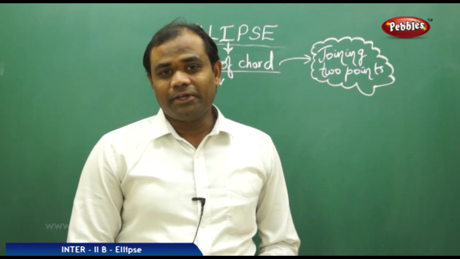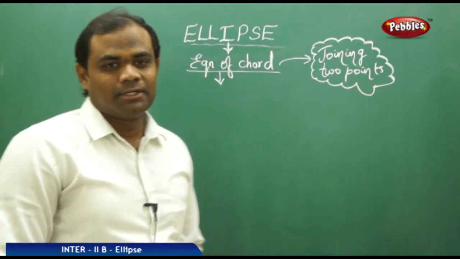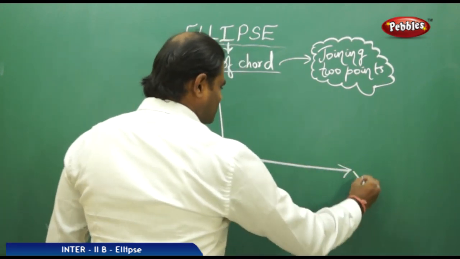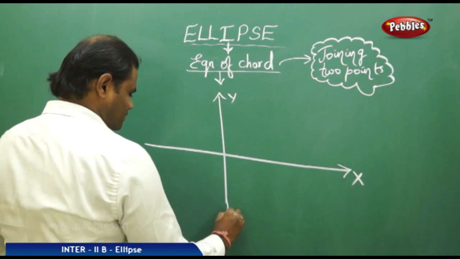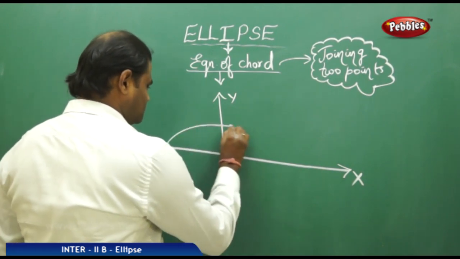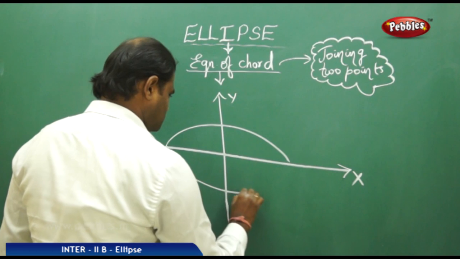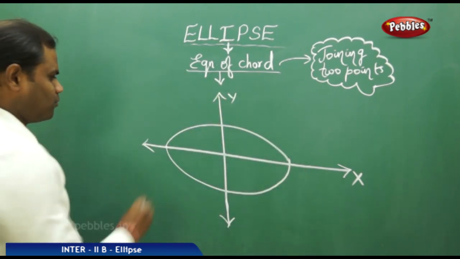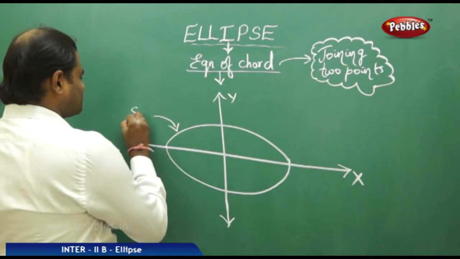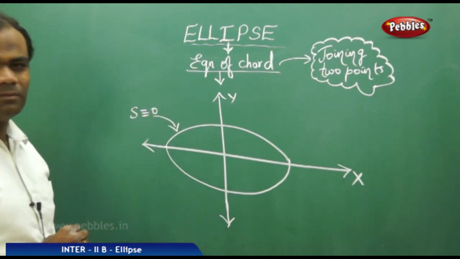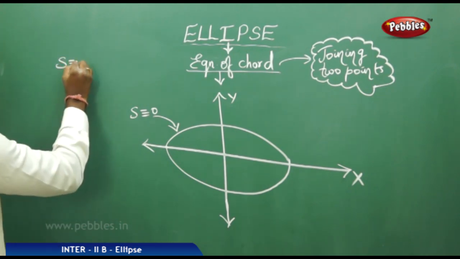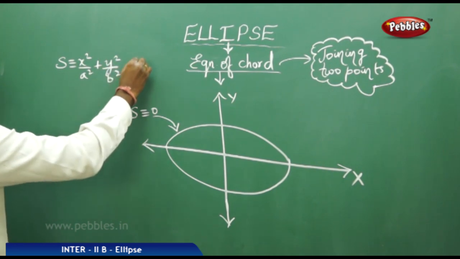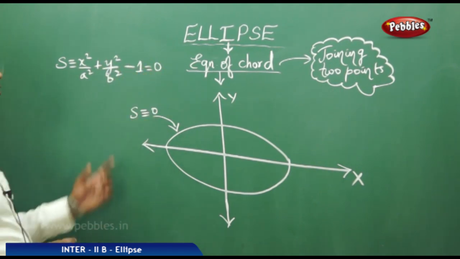Now let's see the equation of a chord joining 2 points. For example, I have the equation of an ellipse in standard form with x-axis and y-axis out here. Assume this ellipse in standard form as S equal to 0, with S being x squared by a square plus y squared by b square minus 1 equal to 0.